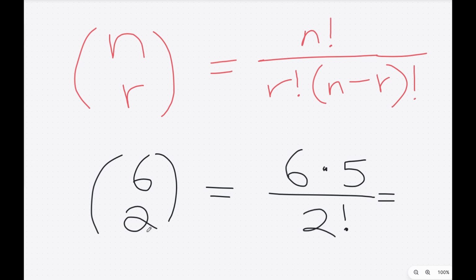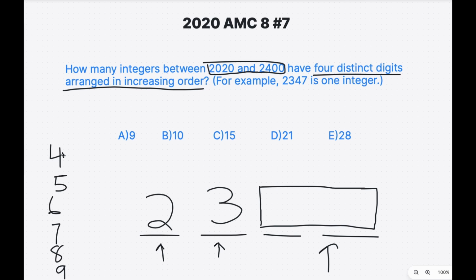In this case, it's only 2, so we take 6 and 5. 6 times 5 is 30, divided by 2 factorial, that's 30 divided by 2, which is 15. So there are 15 different ways we can choose 2 numbers from these 6 integers and then arrange them in increasing order over here. So our answer is 15, which is option C.